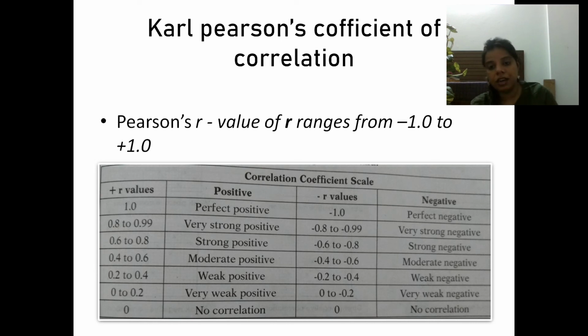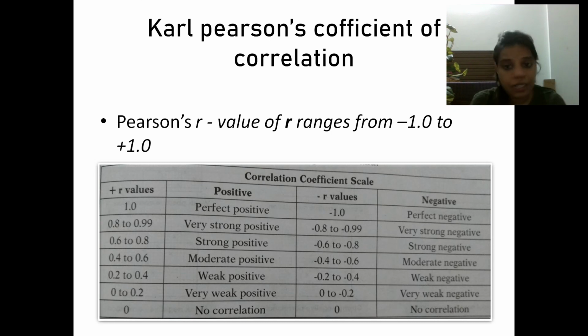They have classified it like this: if you get +1, you have a perfect positive relationship. If the value lies between 0.8 to 0.99, you have a very strong relationship.